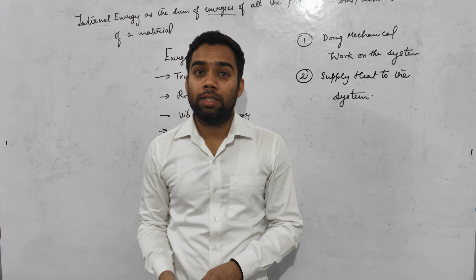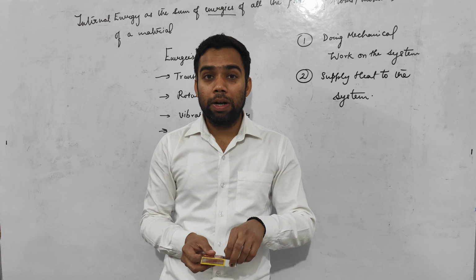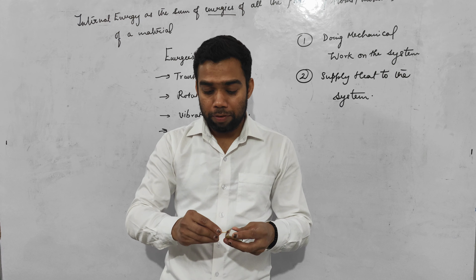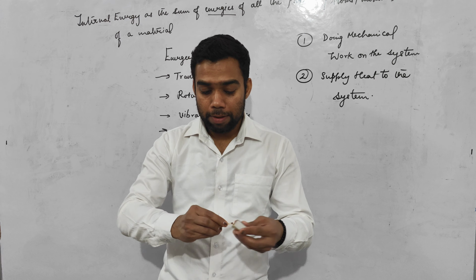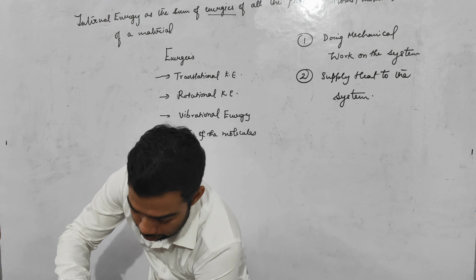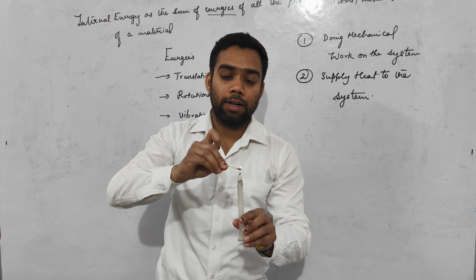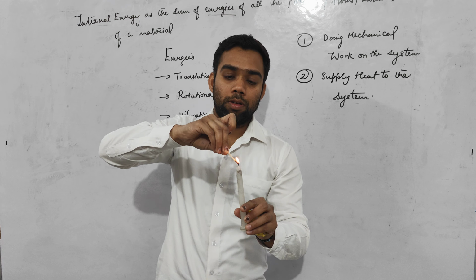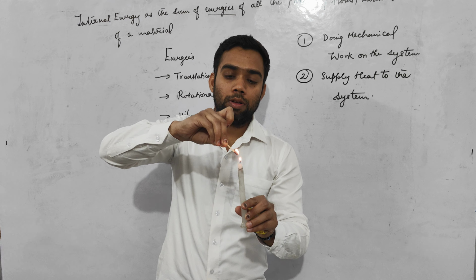So the second method is burning the matchstick with the help of a candle. Once again I am lighting the candle. Here is my candle. I light this candle. Okay, and now I am again lighting a matchstick.